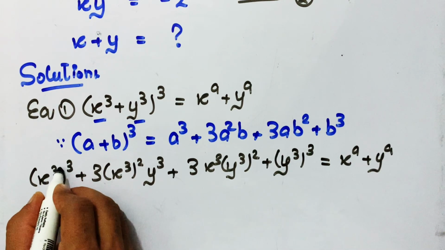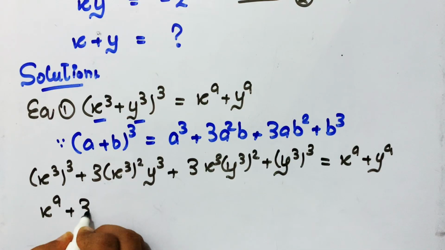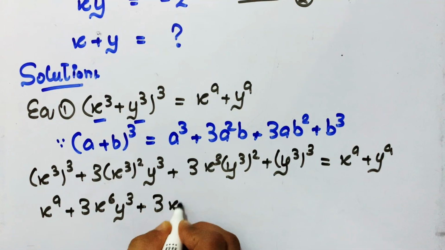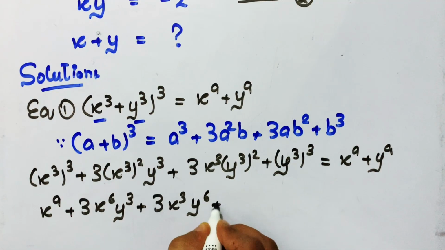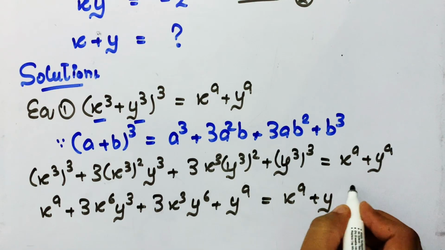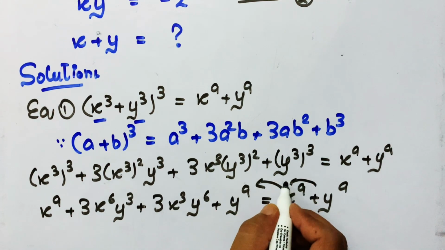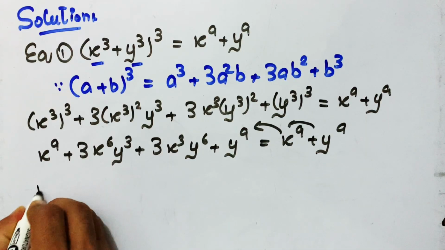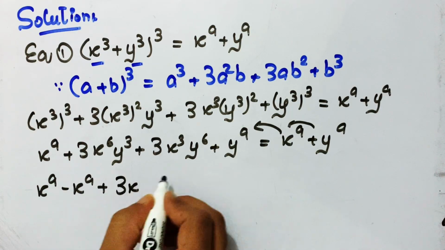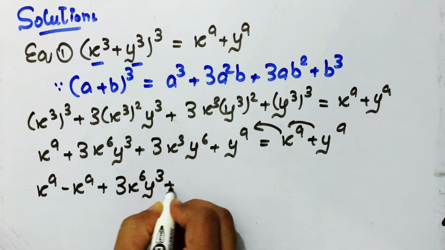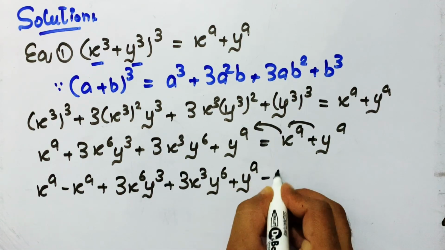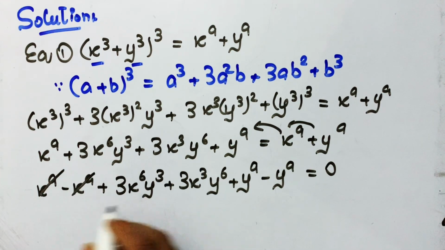So our equation will be: the powers will be multiplied. 3 into 3 is 9, plus 3 x power 6 y power 3, plus 3 x cube y power 6, plus y power 9, equals x power 9 plus y power 9. Now moving the terms to the opposite side makes them negative. So x power 9 minus x power 9 and y power 9 minus y power 9 cancel, equals 0.